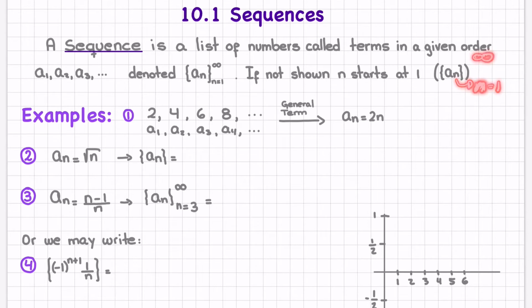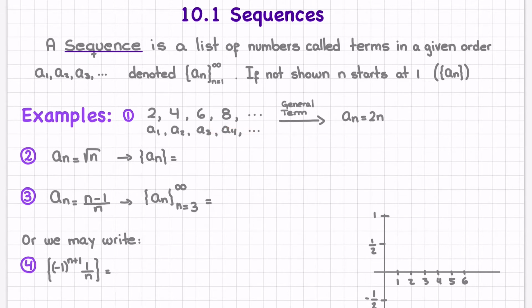A very simple example is even numbers: 2, 4, 6, 8. The first one in the list is 2, that's called A1. The second one is 4, that's A2. The third one is 6, called A3, and so on and so forth.